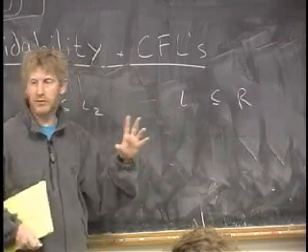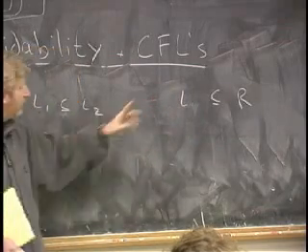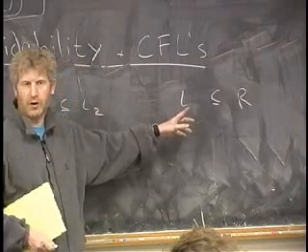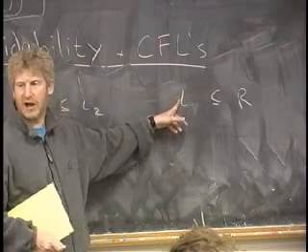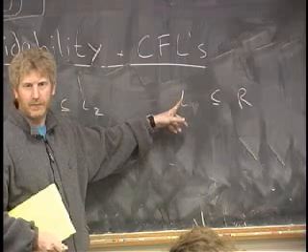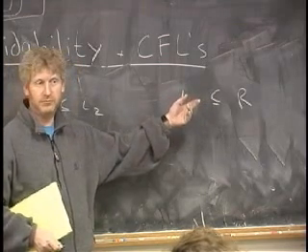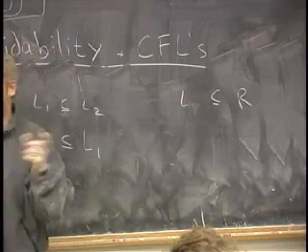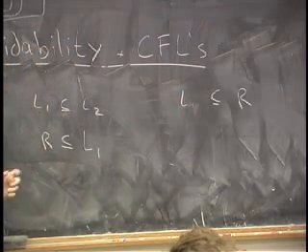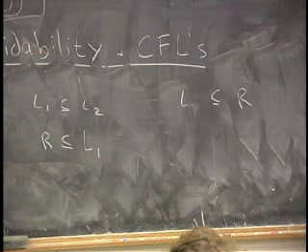Now I can't do the trick I did before, because if I throw sigma star in for this guy, that's not a difficult problem to do, to check whether regular sets are equivalent. It doesn't help me solve this problem.